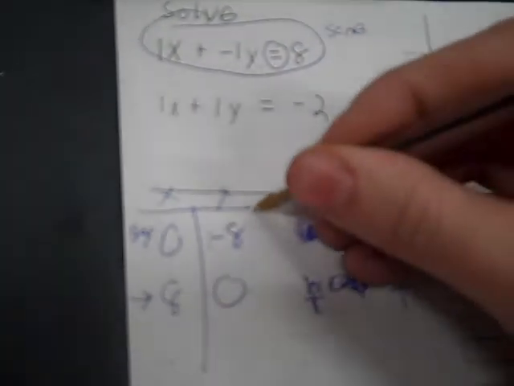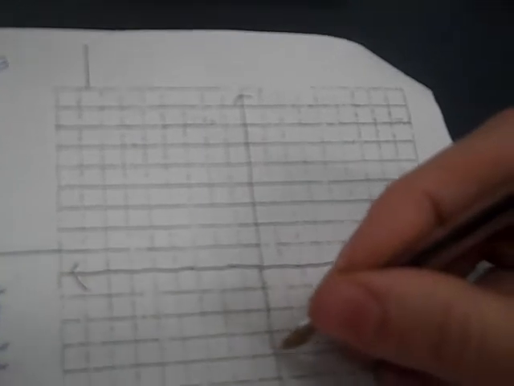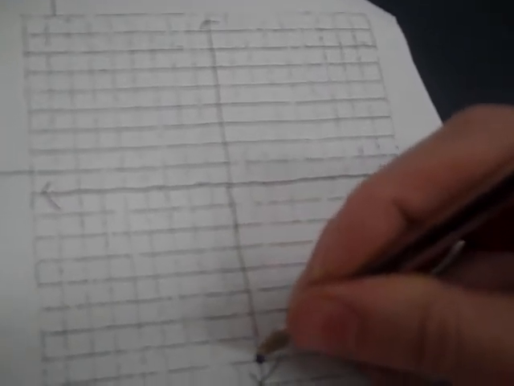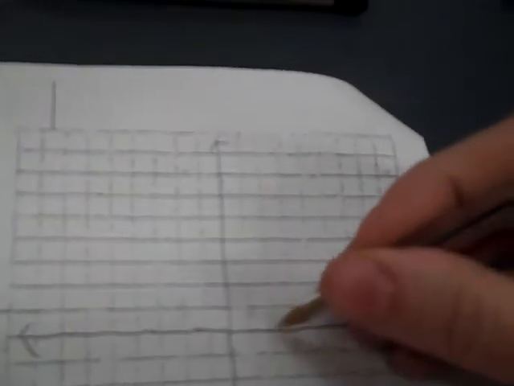Then up, down, I go down and stay. So I stay and go down 8. So 1, 2, 3, 4, 5, 6, 7, 8. That's my first point. Back to the middle on a table, I go right 8 and stay. 1, 2, 3, 4, 5, 6, 7, 8. And then I make a line through those points with the ruler.